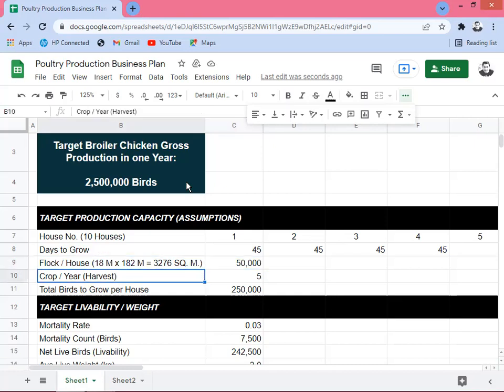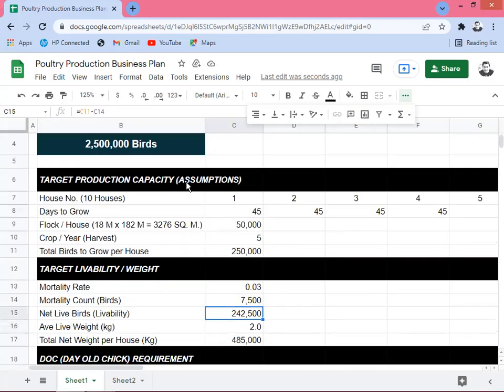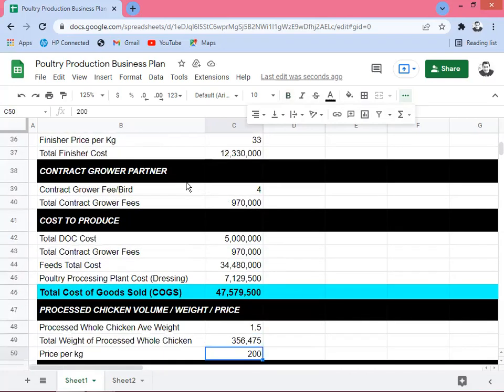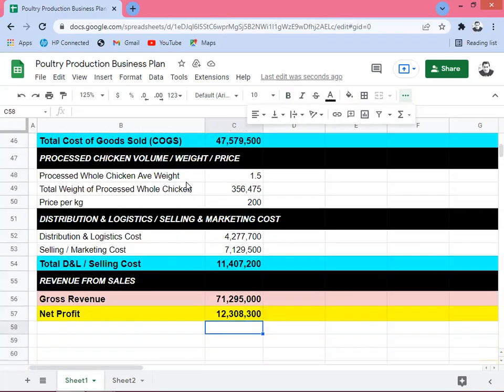Okay, but the output that we're going to dress is 242,500 birds. So that's how you do it, right? In one house, you get your profit.